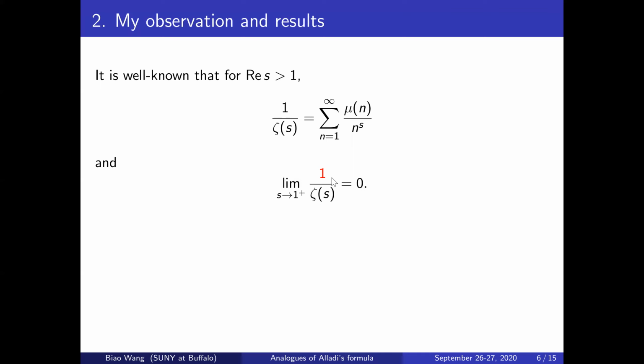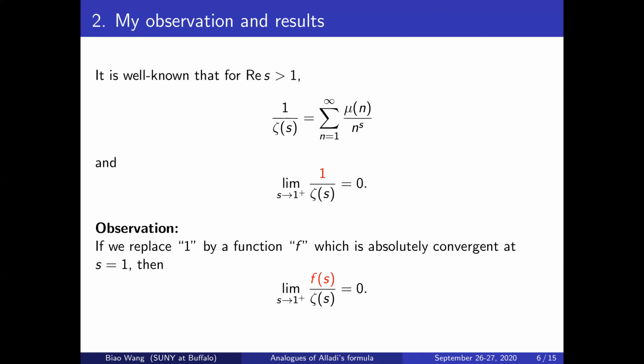So the numerator here is 1. The observation is if we replace the numerator 1 by a function which is absolutely convergent at s equals 1, then the following limit still holds.